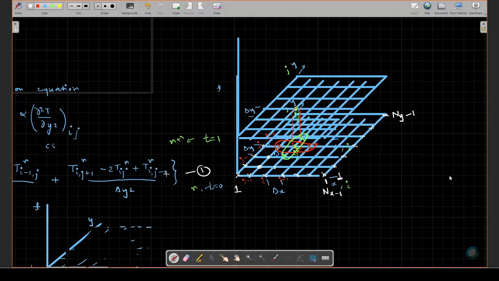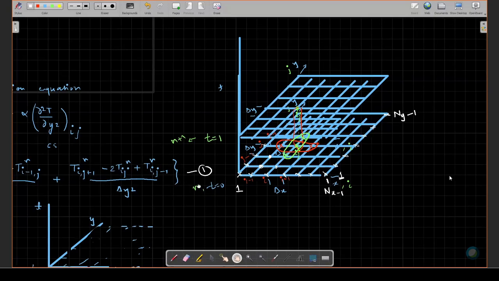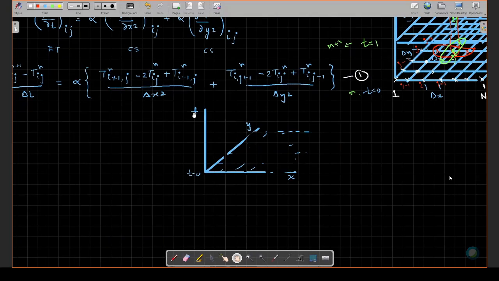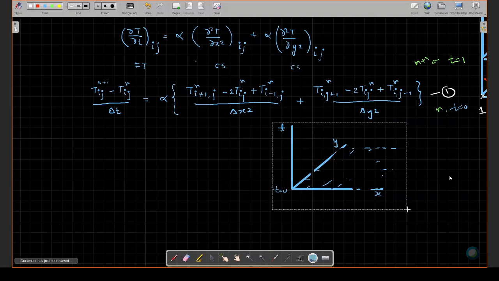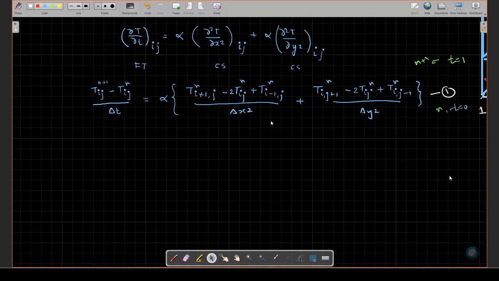So this equation is valid for all the interior points, for i equals 2 to nx minus 2, and j equals 2 to ny minus 2. We have to specify like that.